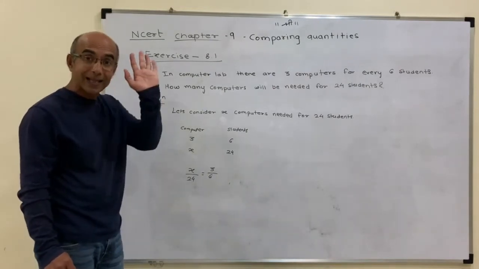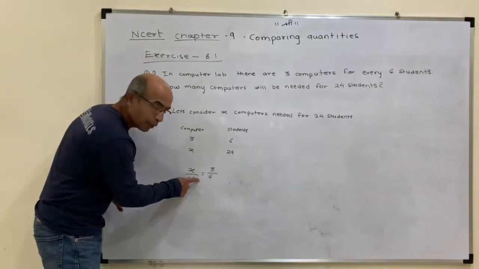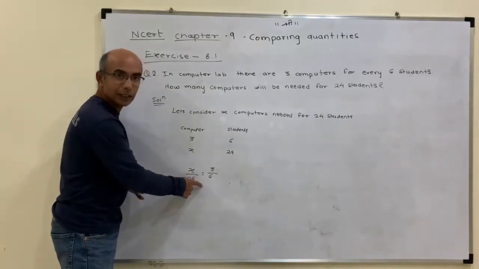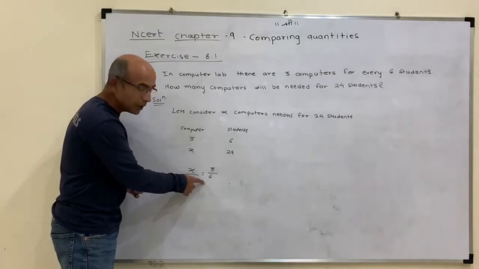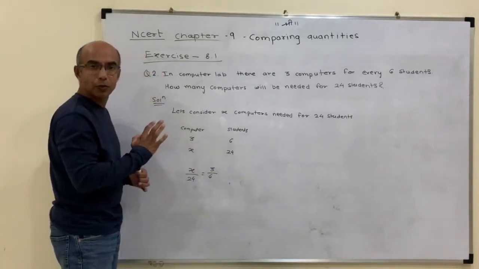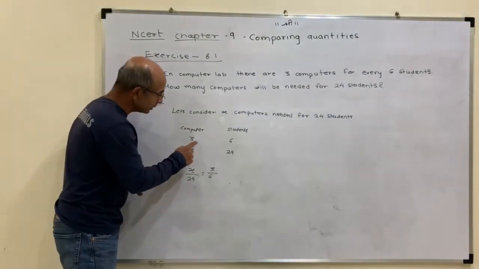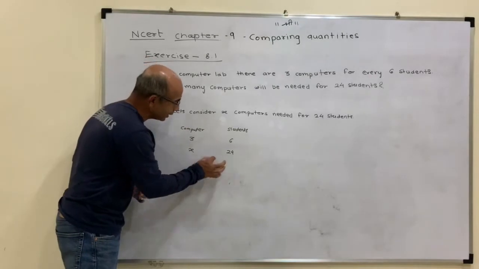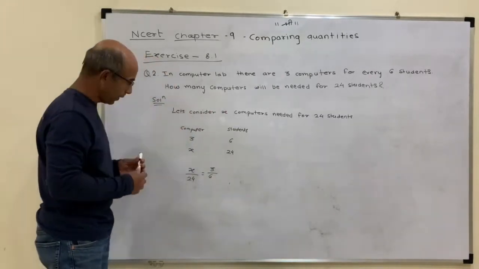I have to maintain this ratio. That's the reason the equal sign comes here. You might wonder on what basis we take equal: we are maintaining the same ratio. The ratio is 3 to 6, and we need to maintain the same for x to 24.